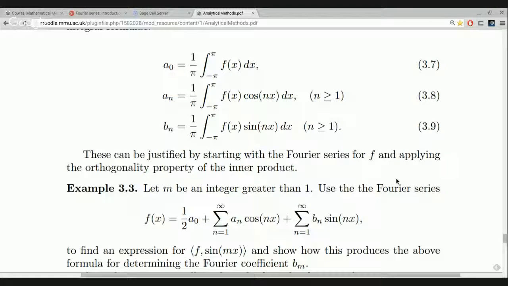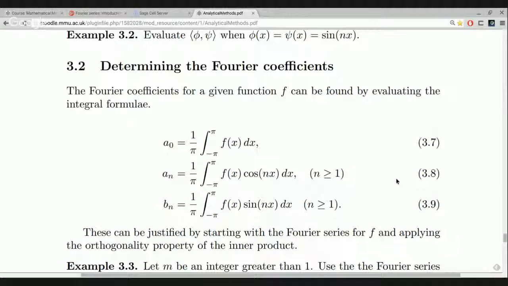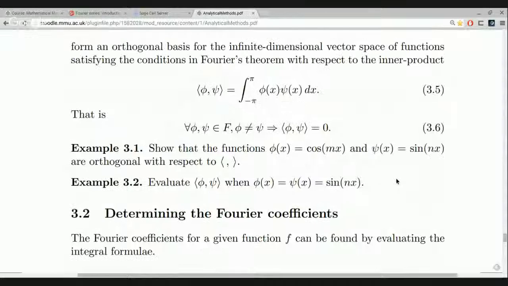And the equivalent of the dot product of x with one of the basis functions are these coefficient formulae here. They're expressed in terms of integrals. Here you're integrating f of x times the cosine of nx. Here you're integrating f of x times the sine of nx. Those integrals of products of functions are examples of this inner product.